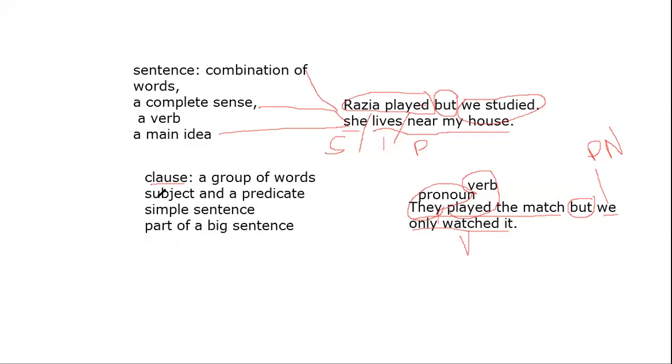Sentence और clause दोनों combination of words होते हैं, अल्फाज का मजमुआ होते हैं, दोनों ही complete sense दे रहे होते हैं. सेंटेंस में एक मेन आइडिया होता है, ठीक है, क्लॉज में भी आइडिया होता है. सेंटेंस में एक वर्ब होना जरूरी है, क्लॉज का सब्जेक्ट और प्रेडिकेट होता है, प्रेडिकेट में लेकिन वर्ब भी होता है. सो क्लॉज को इसीलिए हम कहते हैं कि क्लॉज एक सिंपल सेंटेंस होता है, और यूजुअली क्लॉज एक बिगर सेंटेंस का एक छोटा सिंपल सेंटेंस होता है.